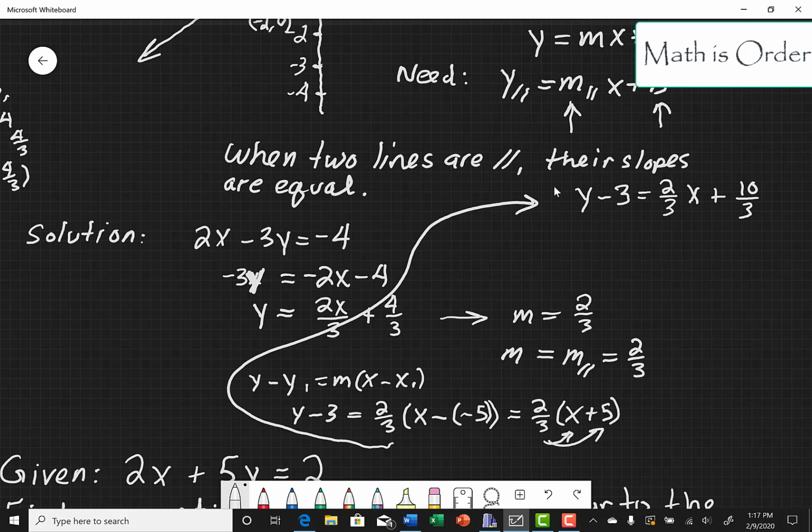And then we're going to add the 3 on both sides. So this will give us y equals 2/3 x plus 10 over 3 plus 3.